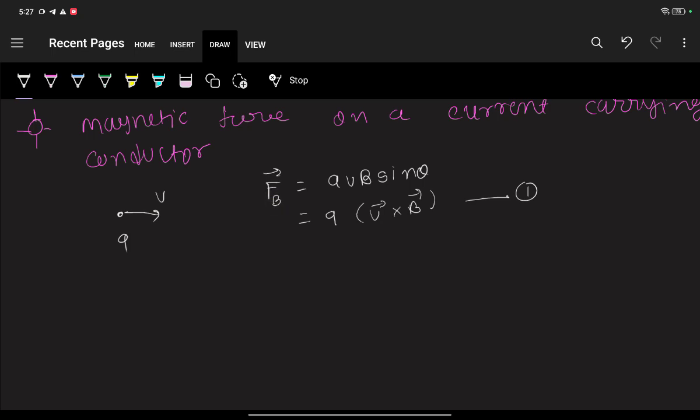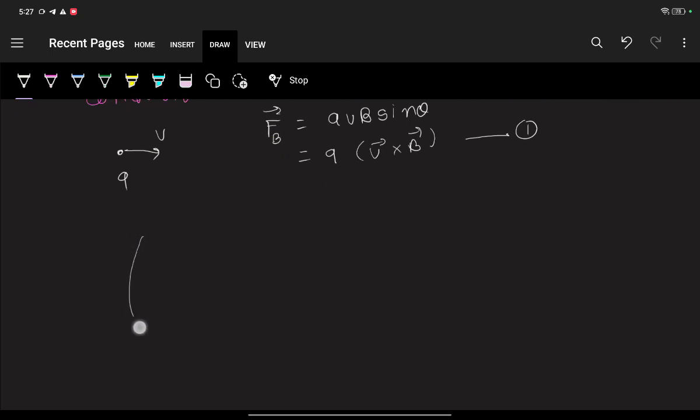But how about electric current? What amount of force is there on an electric current? The magnetic field must apply some force on a current also. So let's say electric current is in this direction.